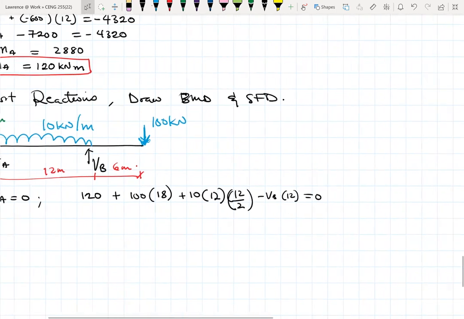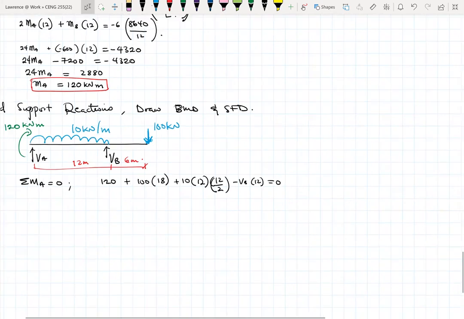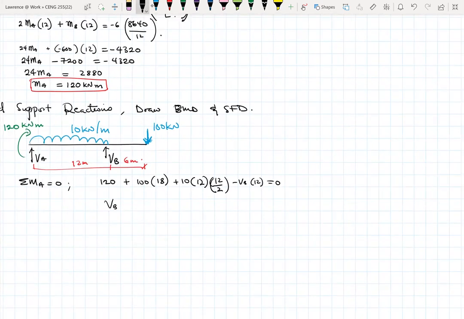And I think VB will end up being 120 kilonewtons. Again, just cross check it. I'm pretty sure I'm right, but we can always cross check it to see. Yeah, that should be correct.